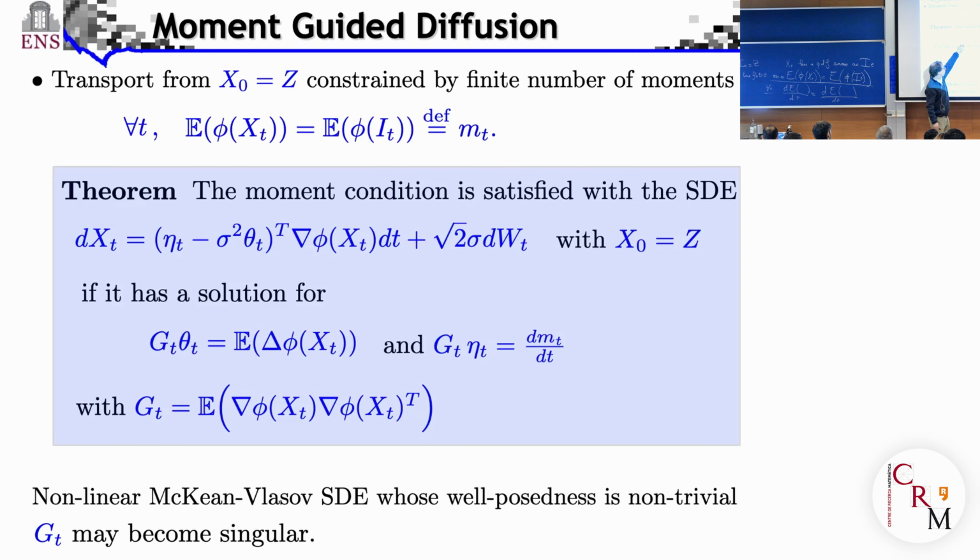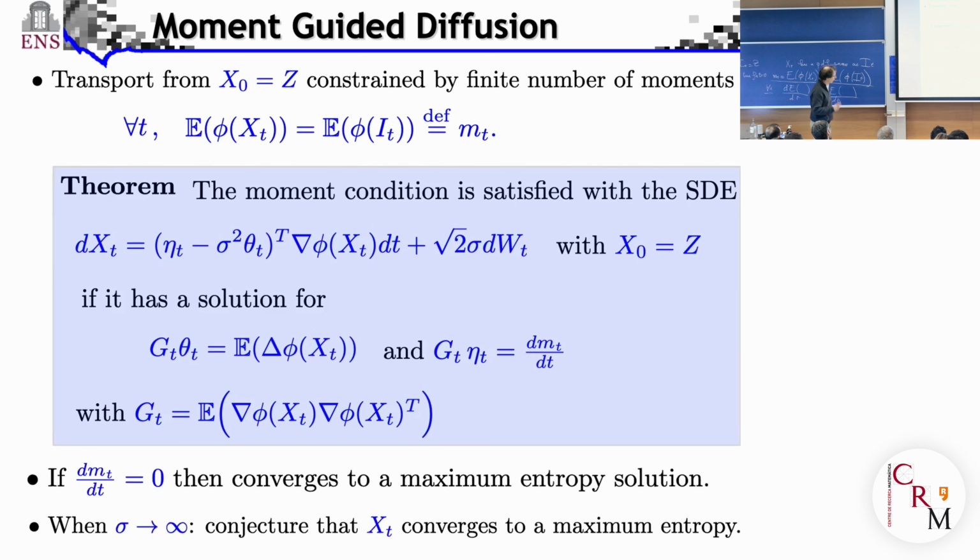In other words, you have a linear system of equations that needs to have a solution. So these are called nonlinear McKean-Vlasov stochastic differential equations, and it's often very difficult to guarantee the existence of the solution. The key question is to make sure, in particular, that this matrix doesn't explode. So in that kind of situation, you try and see what it gives. And that's what was done.